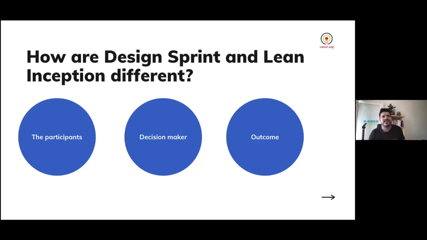Design sprint is not highly focused on risk, it's highly focused on producing a prototype to answer a business question or to validate an idea, right? But I always encourage teams to have one tech representative, right? That is, as you mentioned, not happening with lean inception.